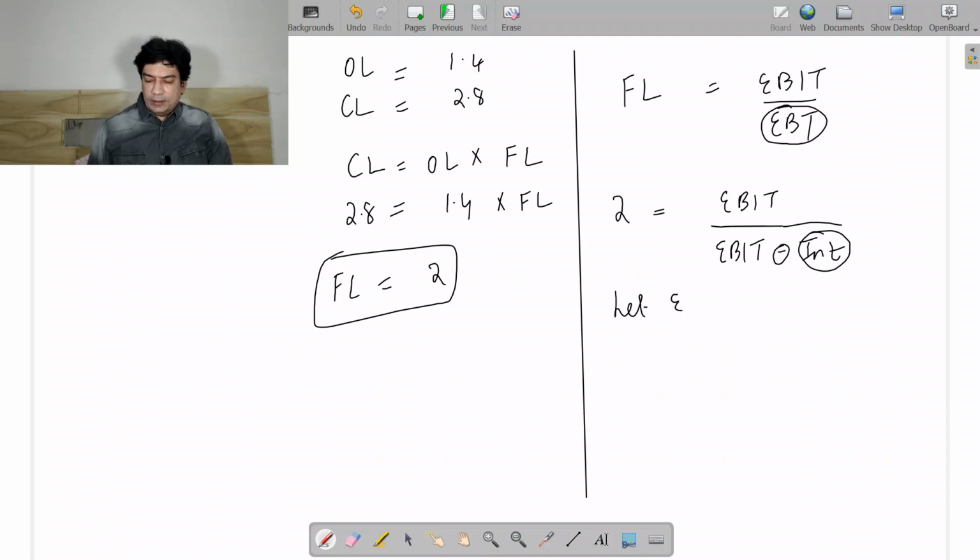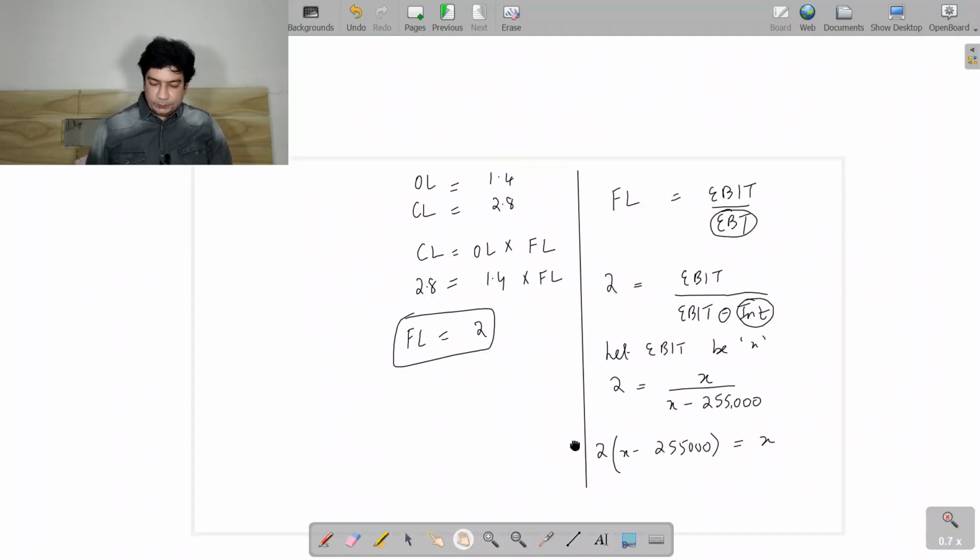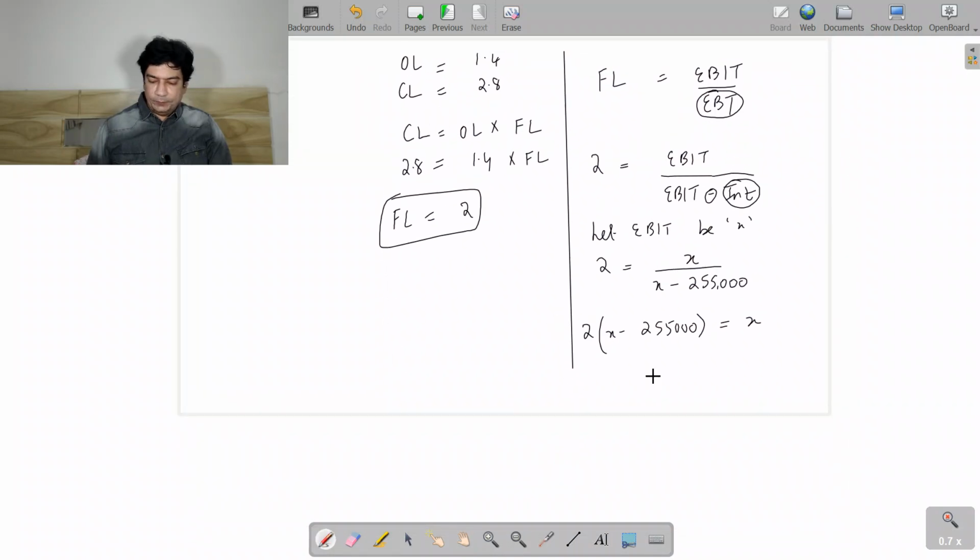Let EBIT be X. So 2 multiplied by X minus 2,55,000 is equal to X. So 2X minus 2,55,000 into 2, that is 5,10,000, is equal to X. So 2X minus X will be 5,10,000.